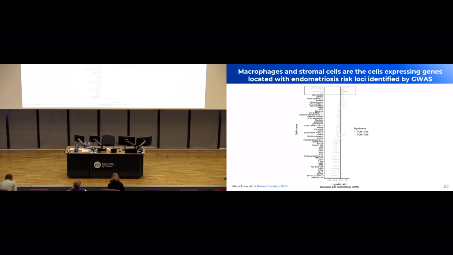Basically, what we did here was to cross our single cell data with GWAS for endometriosis, and what we found is that it's, again, the macrophages together with these hormone-responding fibroblasts, the cell types that are expressing genes linked to these endometriosis risk loci.